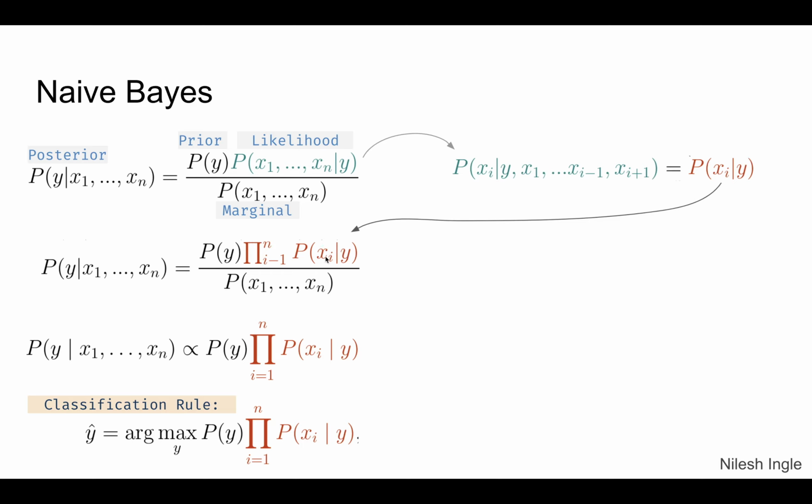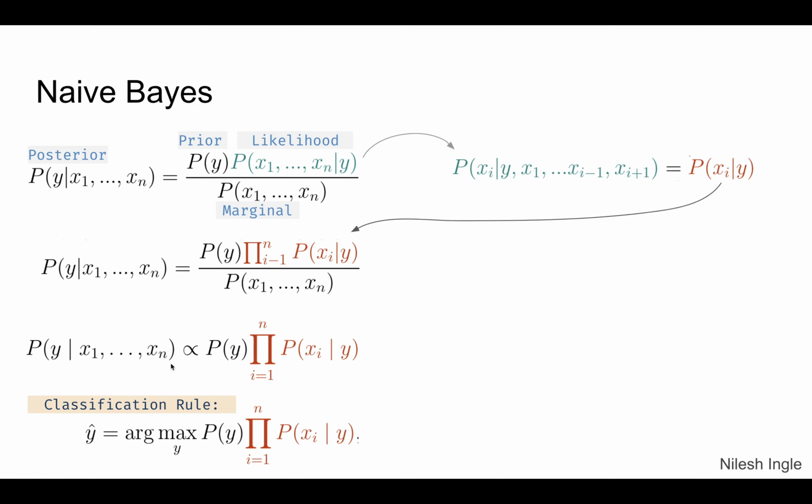And when we are looking at the posterior probabilities for each of the two classes, or maybe more than two classes, the denominator would be the same, which is this one. Therefore we can ignore that, and we can use just the numerator of the right hand side with a proportional sign to look at the posterior.